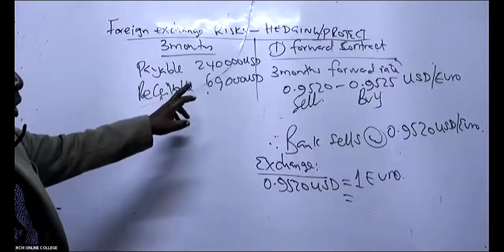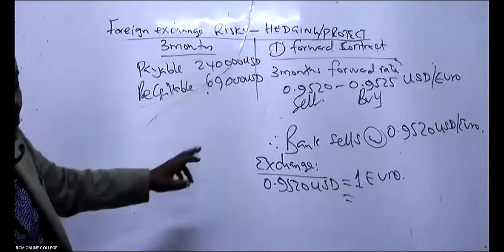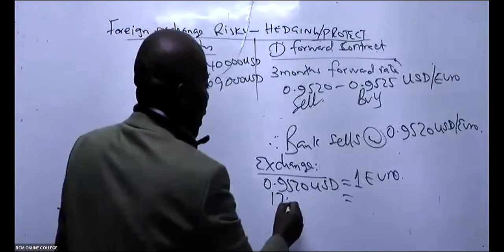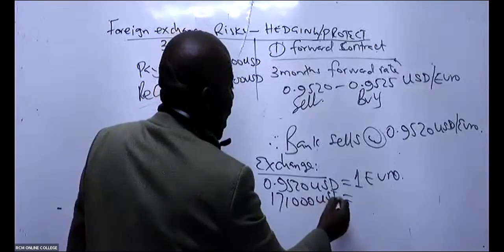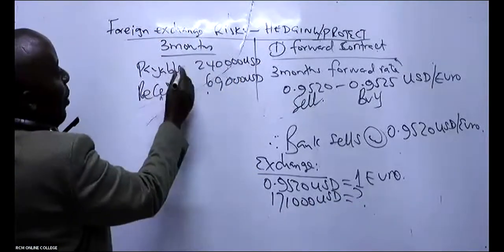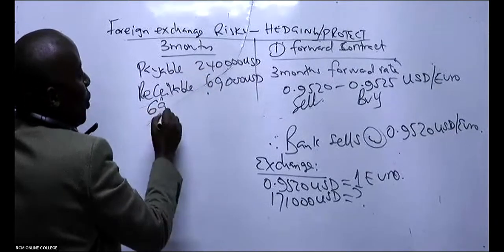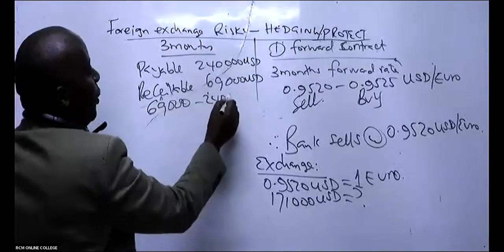How about how many dollars? 171,000, isn't it? So how do we get 171,000 US dollars? Remember, payable is a cash outflow. Receivable is a cash inflow. So we took 69,000 minus 240,000.